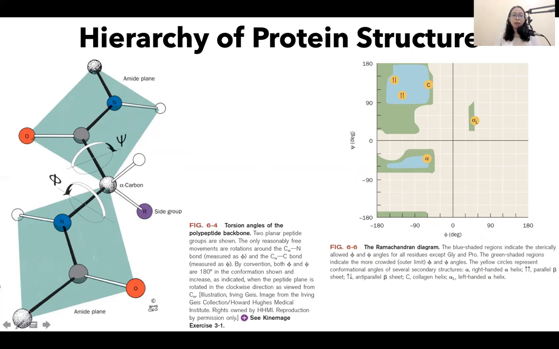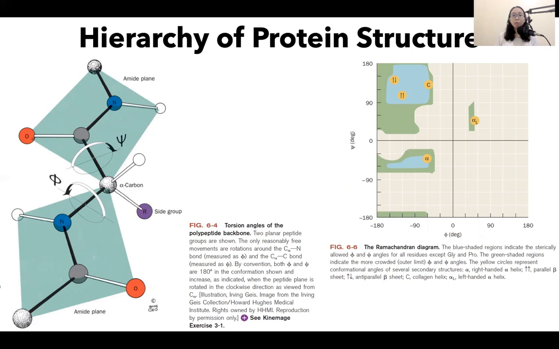We have the alpha carbon followed by the carbonyl carbon, and then the nitrogen in the amino group, which is part of the peptide bond. And then we have the alpha carbon again of the next amino acid residue. And then we have the carbonyl carbon, the nitrogen of the amino group, and then the next alpha carbon, and so on. That is what we are looking at.